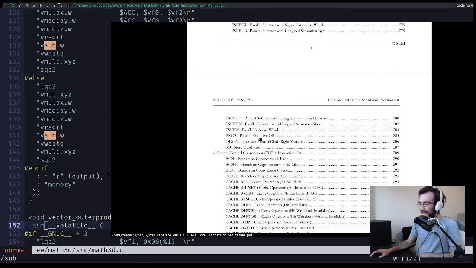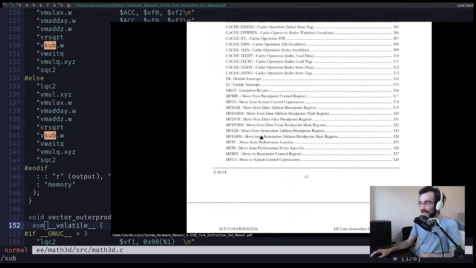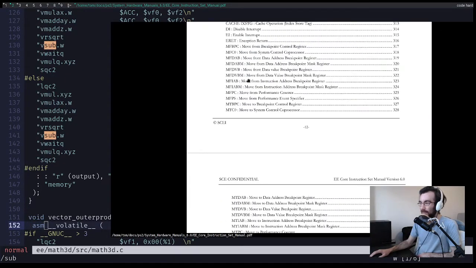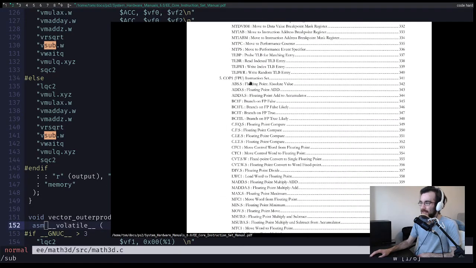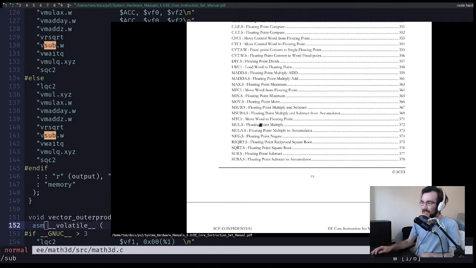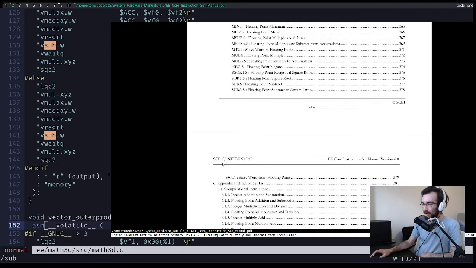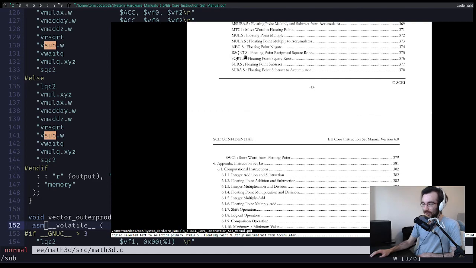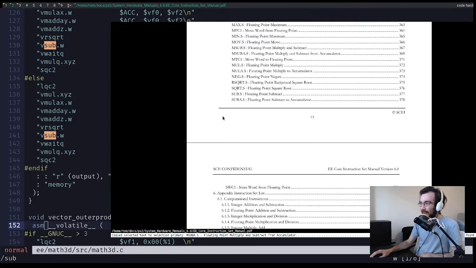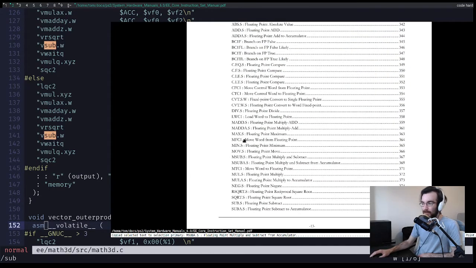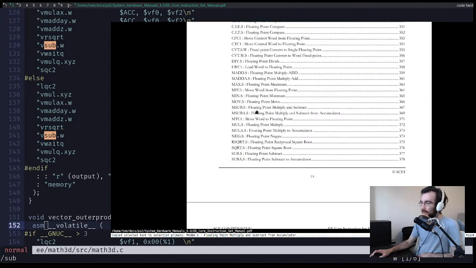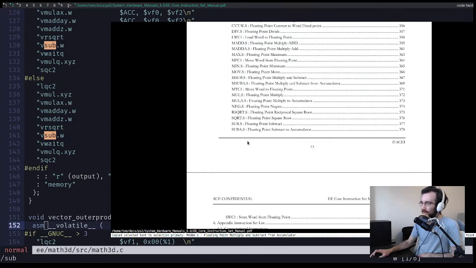Man, freaking love these instructions. Move from data value breakpoint register. Here we go. The FPU instruction set. So, floating point reciprocal square root. Beautiful. No John Carmack bit hacking here. Sub, mul word.